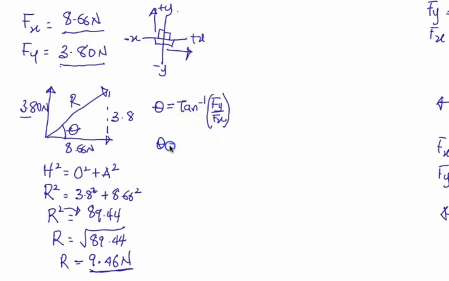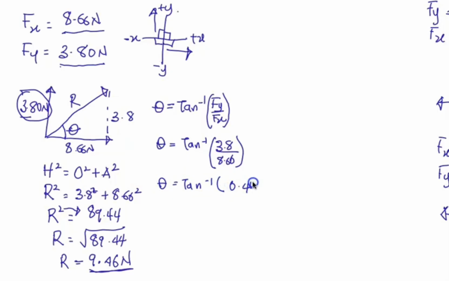So theta will be equal to tan inverse of the vector acting in the y-axis, which is 3.8, over the vector acting in the x-axis, which is 8.66. When you divide that, theta will be tan inverse of 0.44.